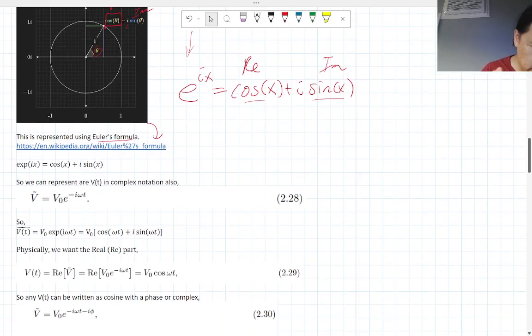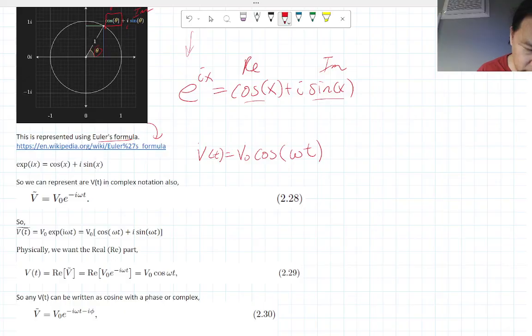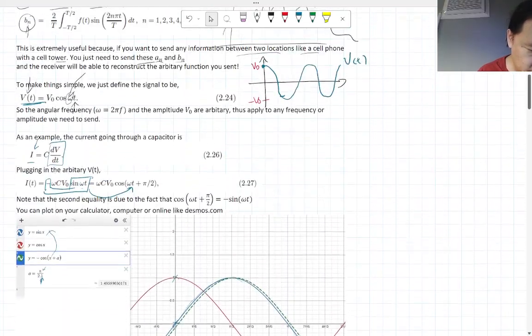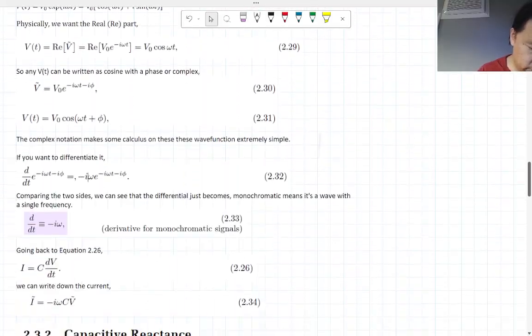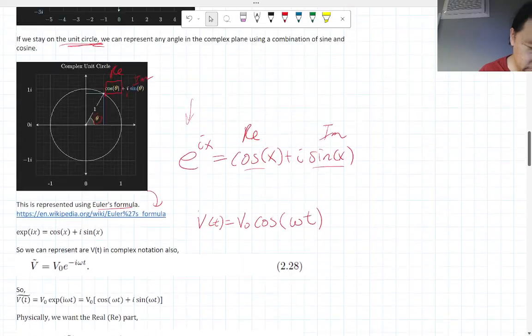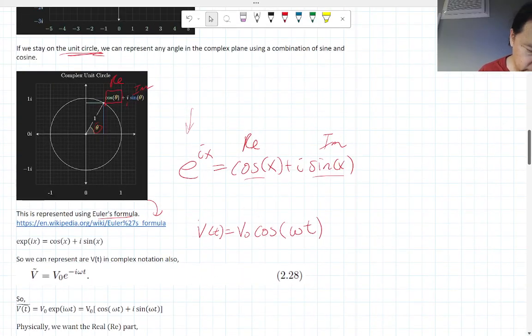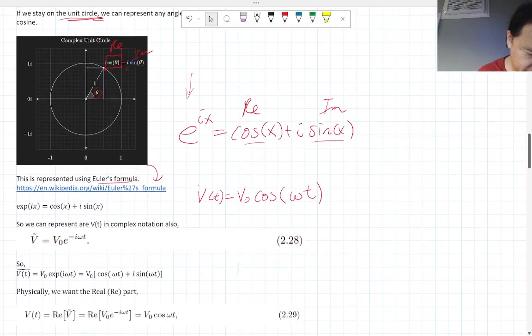Remember that the voltage that we started with depends on time: V naught cosine of omega t. Is there a negative sign? Nope. What we're going to do is complexify this.